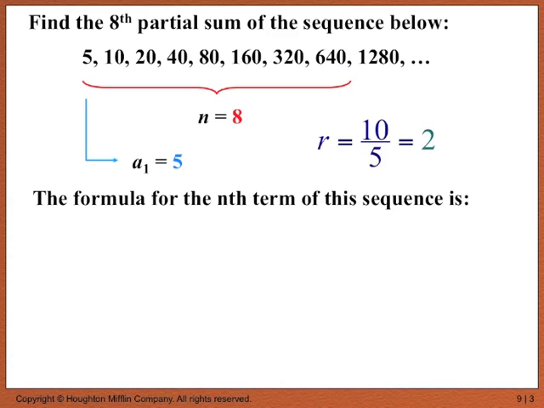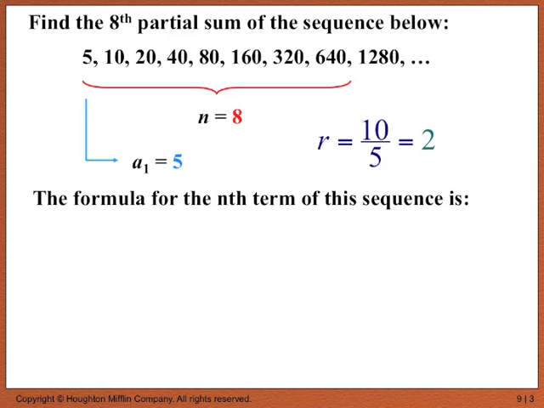And just to quickly review, I know that the example didn't ask you to find the formula for the nth term, but repetition is the mother of learning, right? Repetitio mater studiorum. The more we repeat things, the higher the probability that at least some of what we repeat is going to be engraved in your minds.